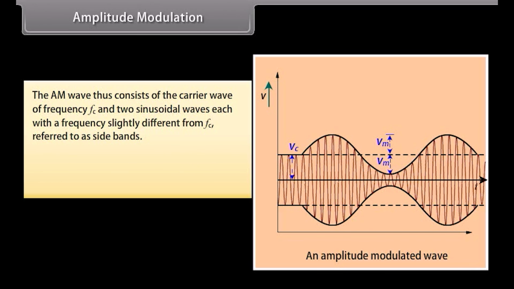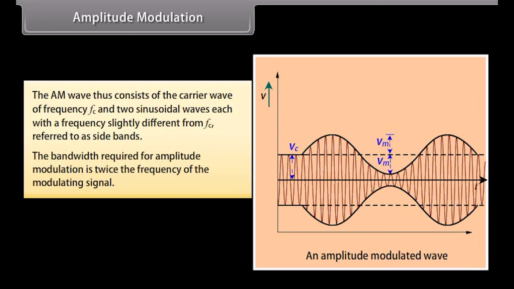The AM wave thus consists of the carrier wave of frequency Fc and two sinusoidal waves, each with a frequency slightly different from Fc, referred to as sidebands. The bandwidth required for amplitude modulation is twice the frequency of the modulating signal.